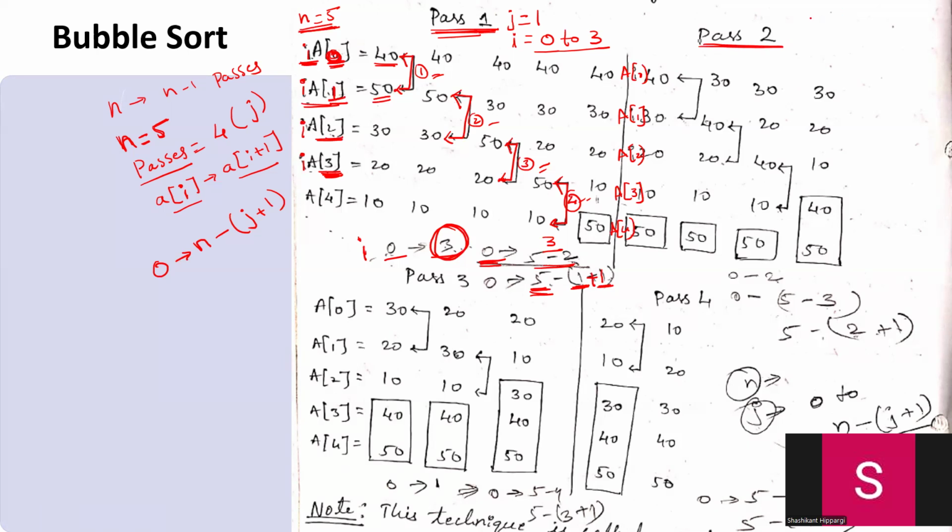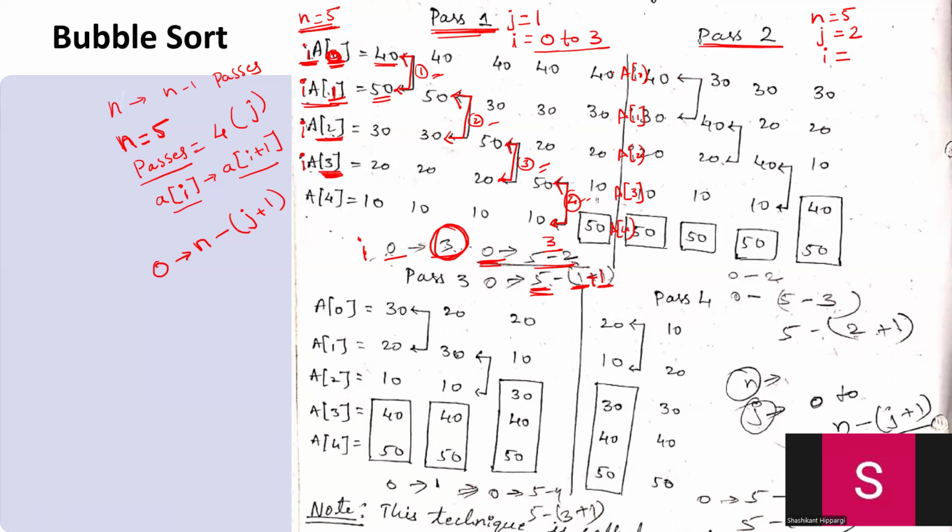Again, let me write it here. N, the number of elements, is 5. We are in pass 2, so J is equal to 2. What should be the range of I in the second pass? Again, we are going to start comparing the first element with the second one.